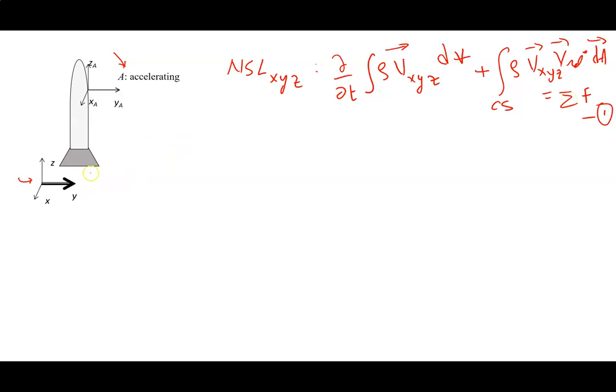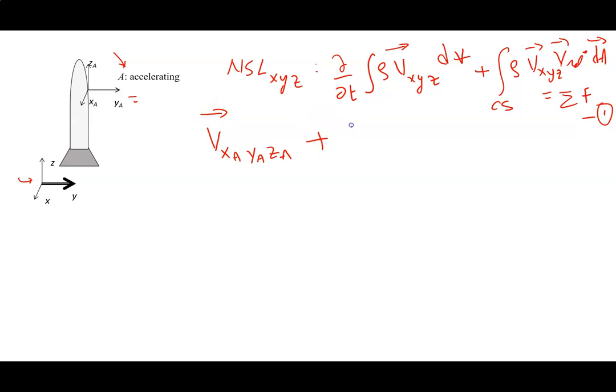Now, this is my accelerating reference frame, and I have the velocity in the accelerating reference frame x_a, y_a, z_a.